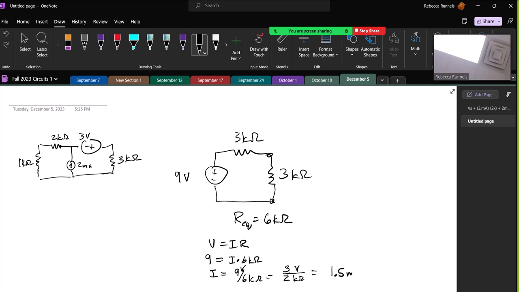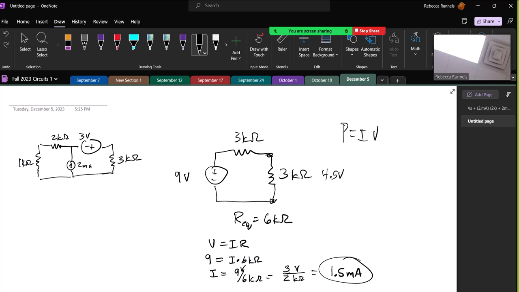So 1.5 milliamps is my current. Okay, now I need to find my power. I would have used voltage division. I like to use that power equals IV, and I would have used voltage division to say that my voltage across that had to be 4.5 volts.